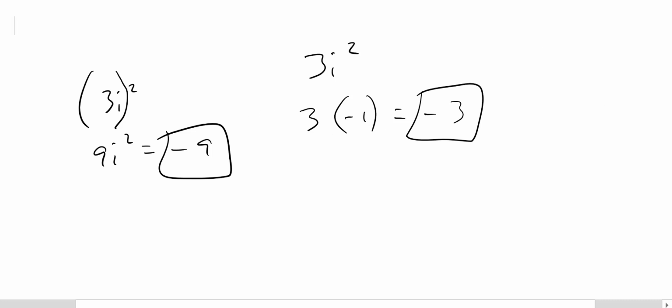All right, so let's do a couple more problems here with the i's. All right, so if I said 2 plus 3i quantity squared. All right, now this is where you have to FOIL, okay?